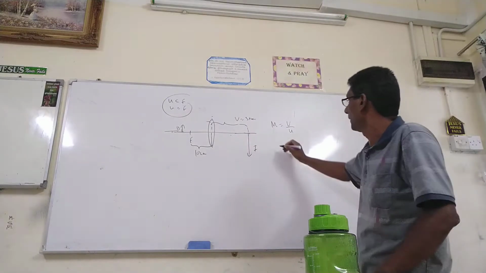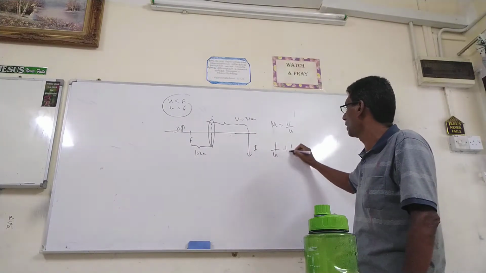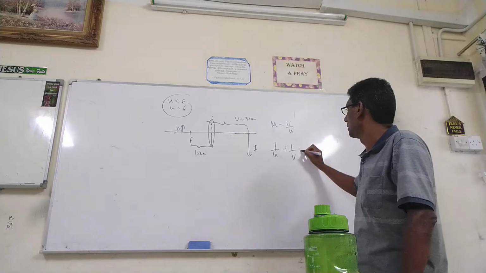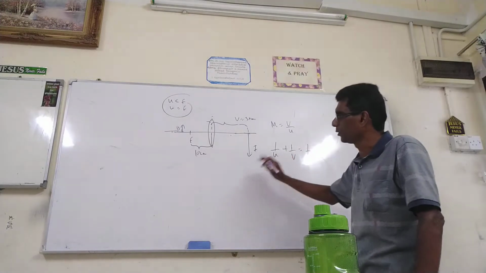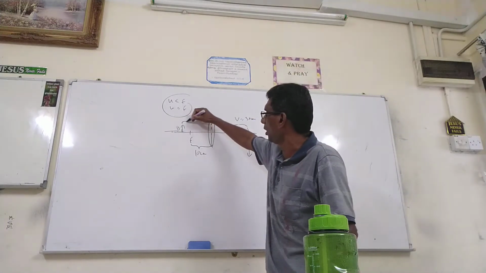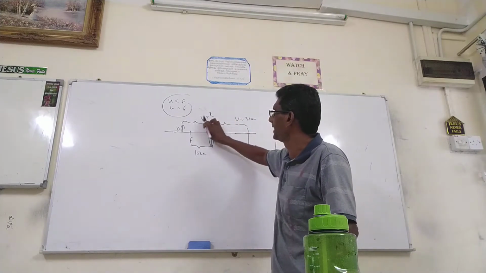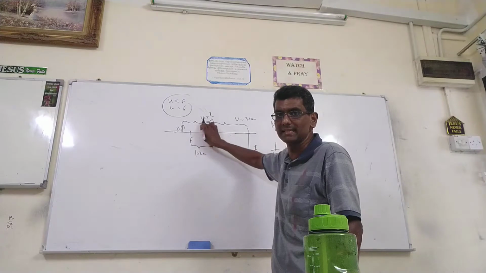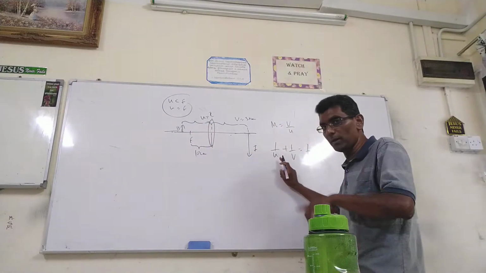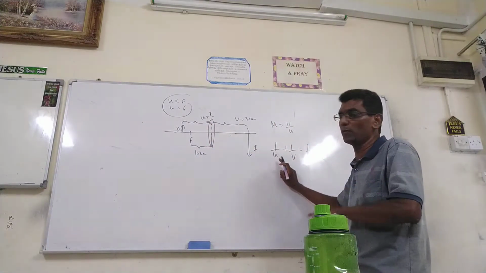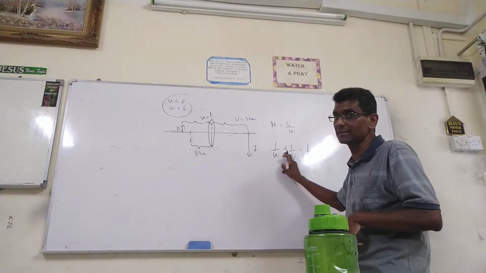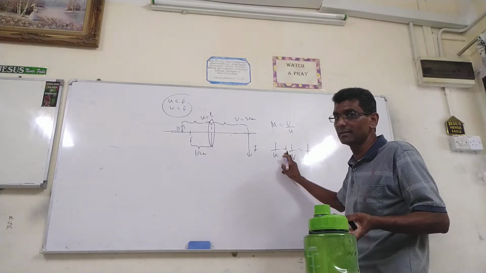So the formula is 1 over U plus 1 over V equals 1 over F. You have to find the object distance, so you must use this formula. Why must it be plus, and not minus?